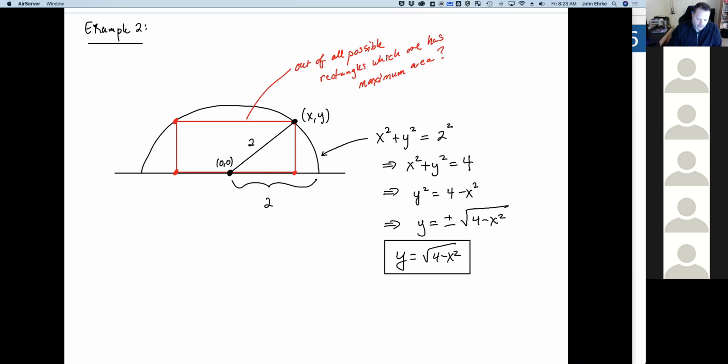So let's talk about the rectangle itself. My goal here is to maximize area, and area in this case is length times width. What is the length of that rectangle?